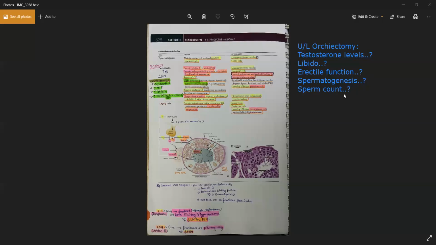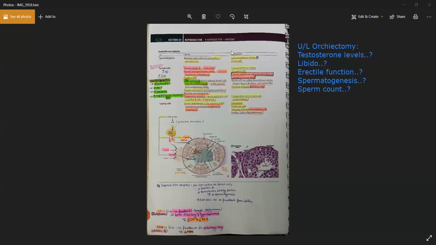Is that okay? So even though the spermatogenesis will increase, it cannot be as much as with both testes. Let me explain that.